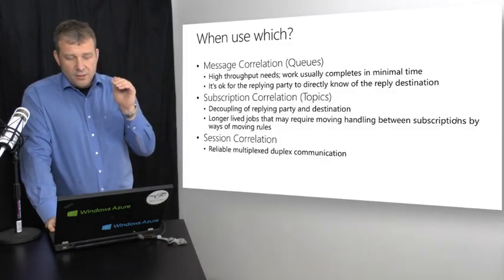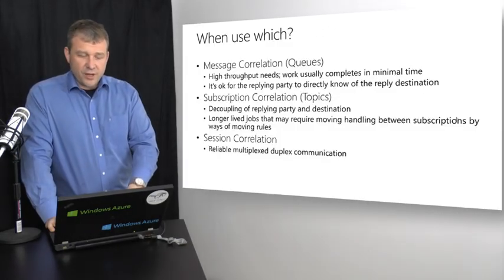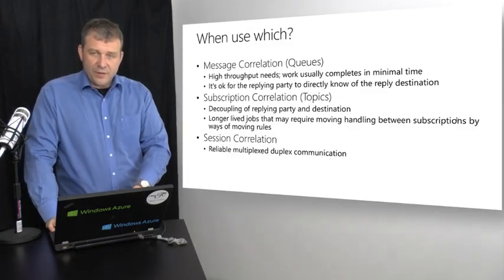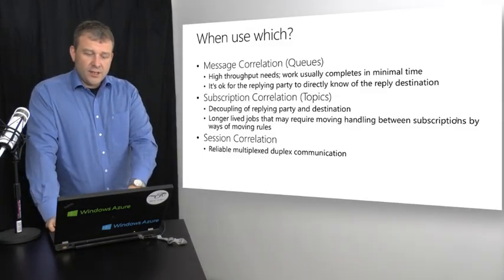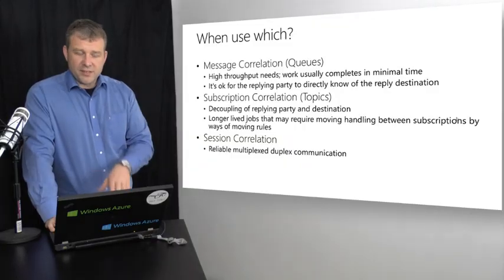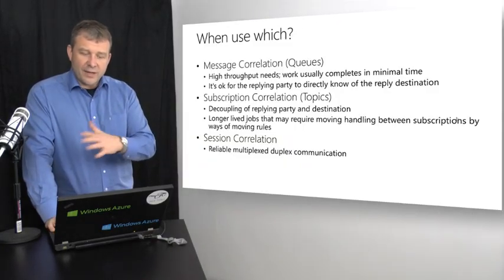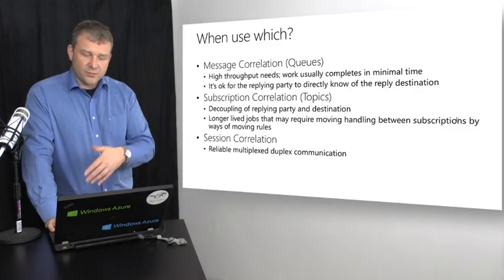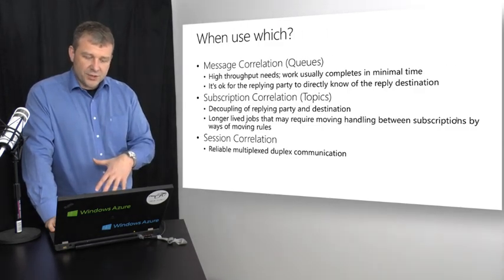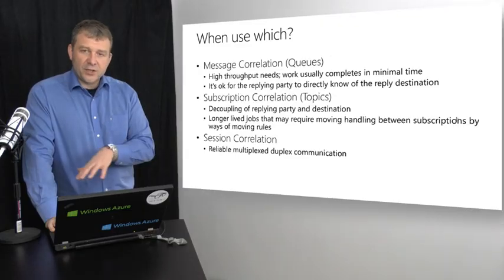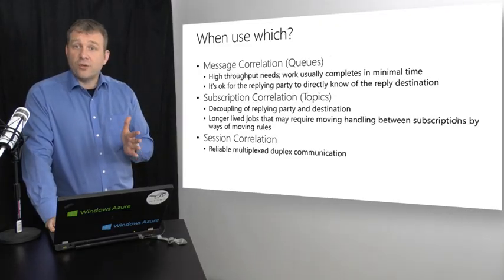You use message correlation if you have high throughput, when the work usually completes in minimal time, and if it's okay for the replying party to directly know the reply queue. You use subscription correlation if the replying party doesn't need to know or should not know the destination.